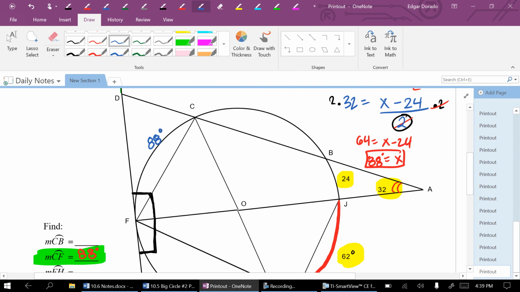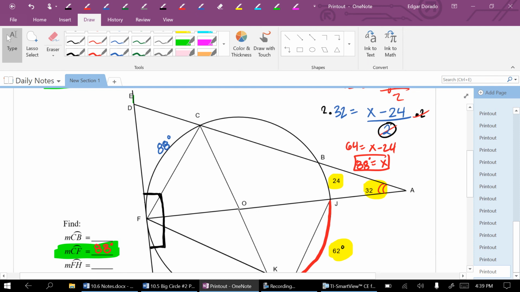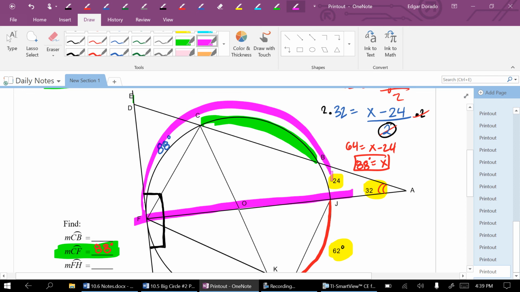And actually, now I can go ahead and take this approach. I can go back to looking for CB. And here's how I'm going to do that, guys. Look at this. That's a diameter. This is a semicircle. I have everything I need to just subtract 180 minus 88 and minus 24, because those are the arcs that I do know.